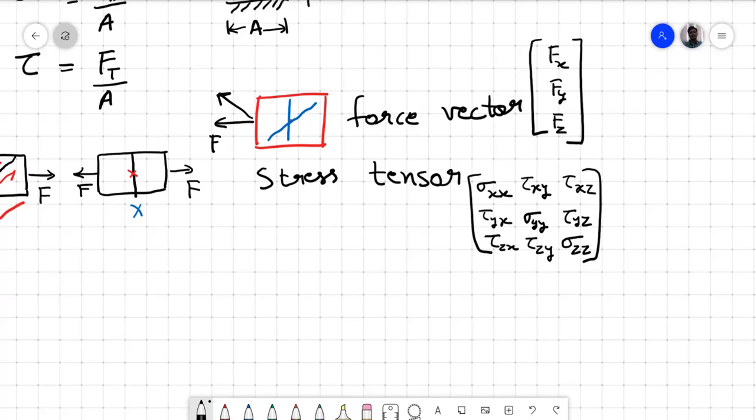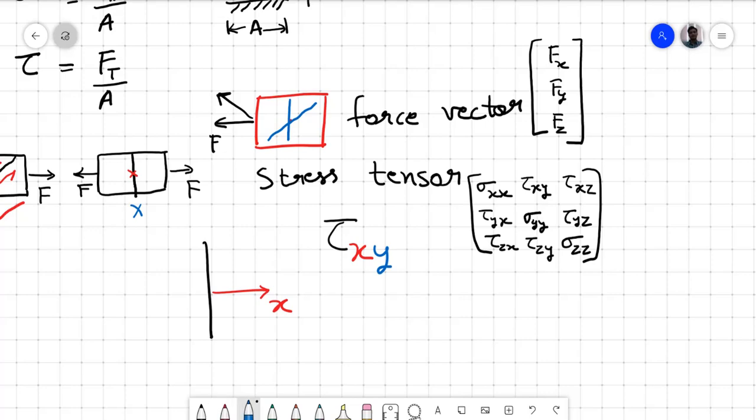So as you can see, there are two directions here. The first subscript and the second subscript. The convention that we'll use is as follows. The normal to a surface is the first subscript for the stress component, and the direction of the force is the second subscript.